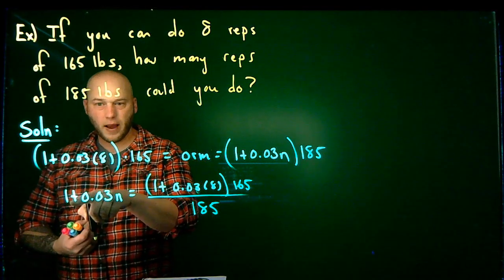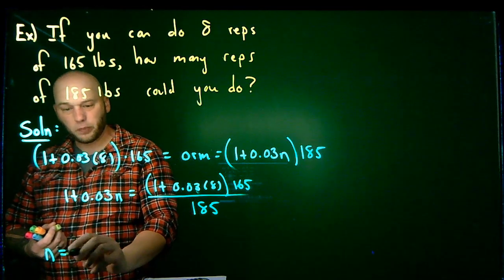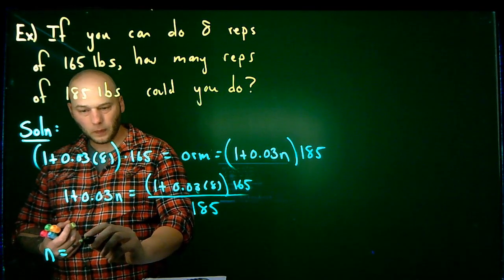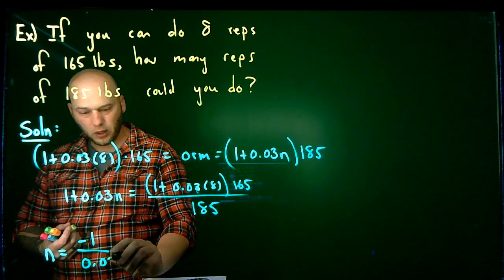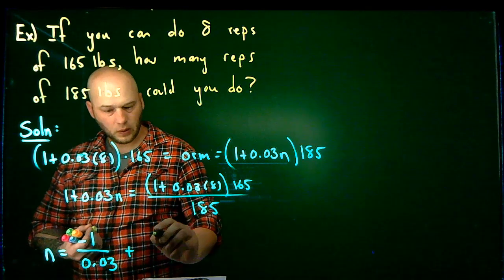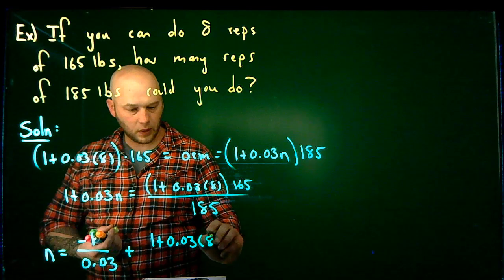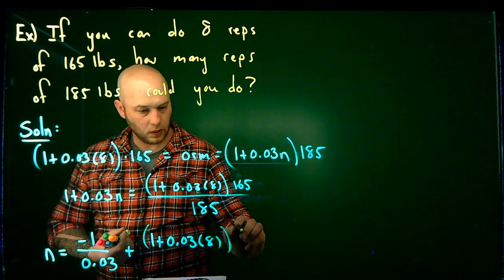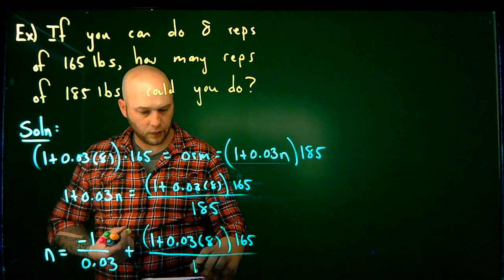And then I'll subtract 1 and divide by 0.03. So the number of reps would be, again, I subtracted 1 and then divided by 0.03, and this would be 1 plus 0.03 times 8 times 165 over 185.